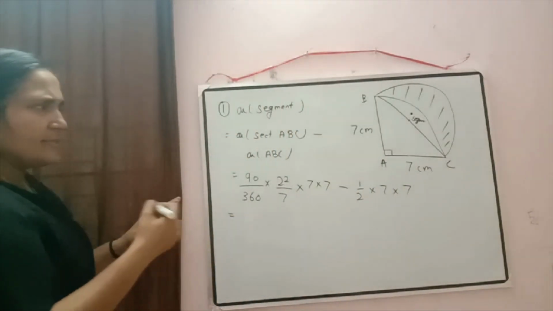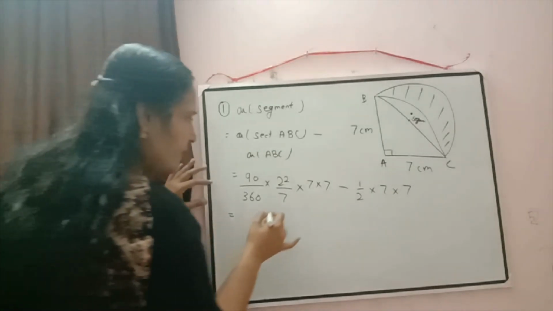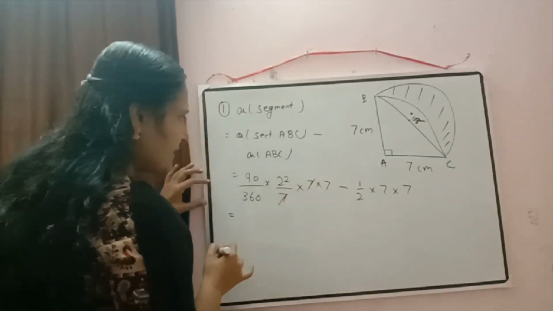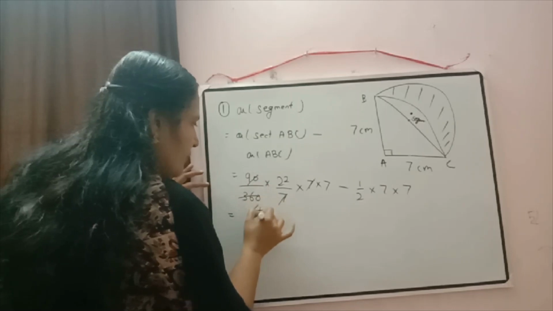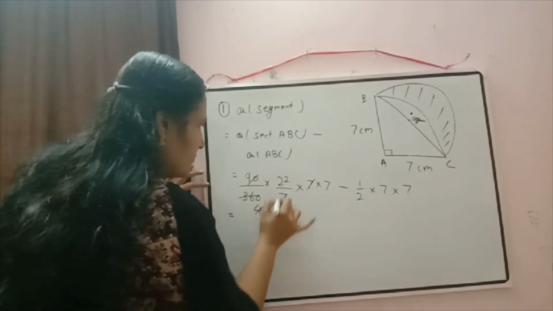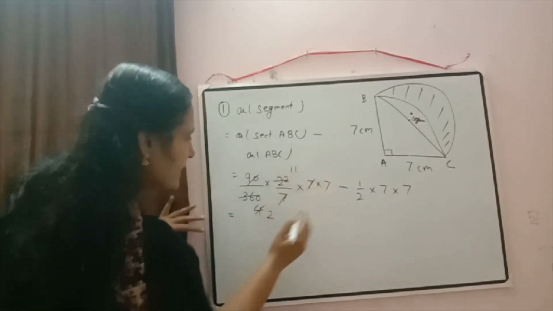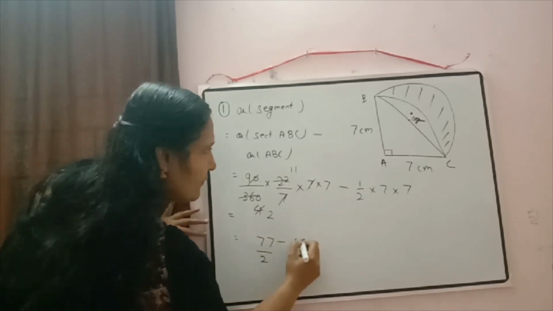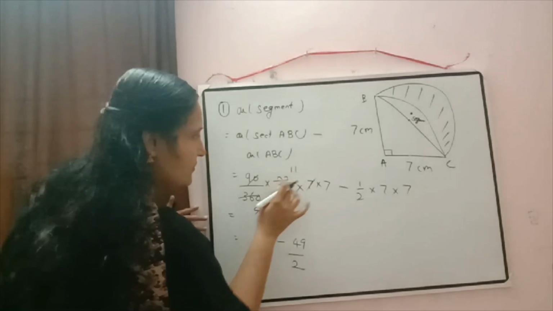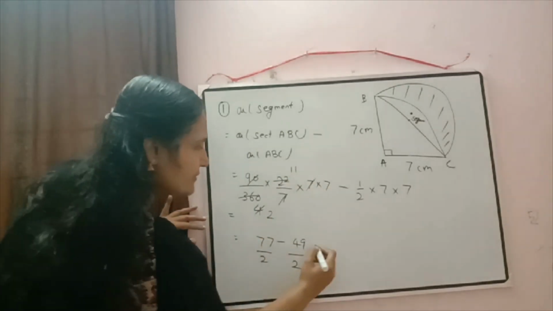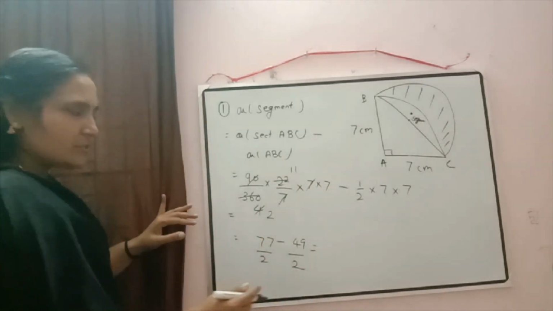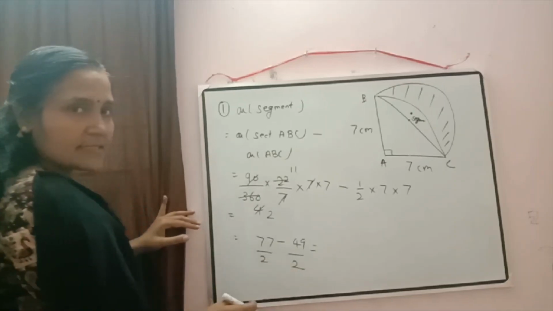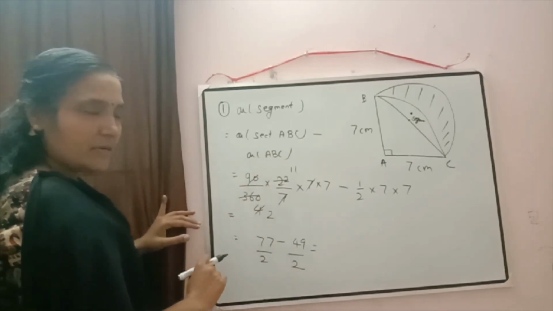Now we can check if cancellation is possible. 7 and 7 will get cancelled. 4s will come and then here 2 2s. So we will get 77 by 2 minus 49 by 2. To do the subtraction, the denominators are same, so we don't have to do the cross multiplication.